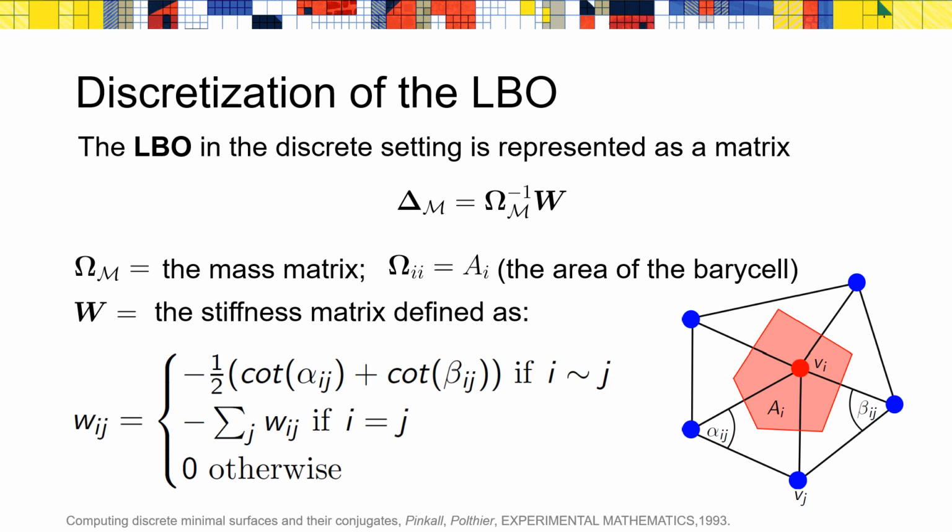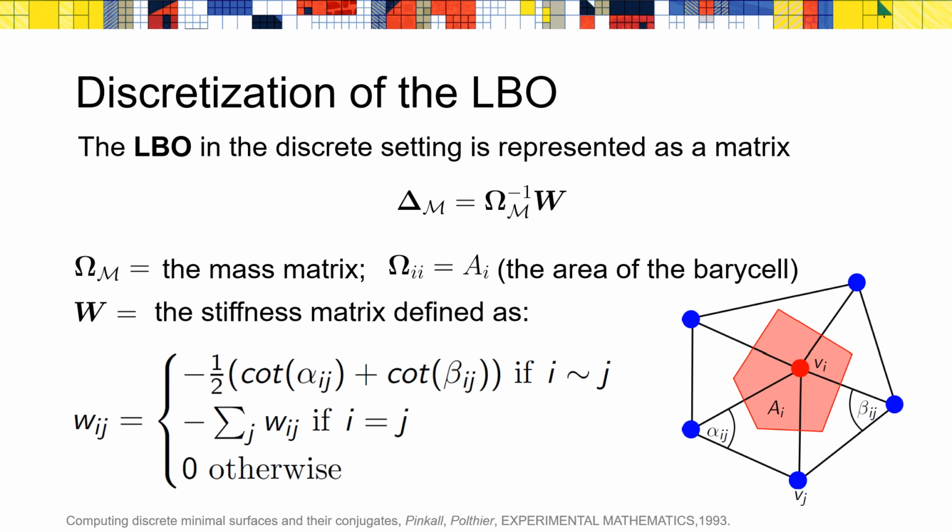The LBO in the discrete setting can be computed as the product of two matrices. The first is the inverse of Omega, the mass matrix, which is a diagonal matrix in which on the diagonal are stored the values of the area of the barycell associated to each vertex, and these barycells are obtained by connecting the barycenters of all the triangles that share the common vertex v_i.